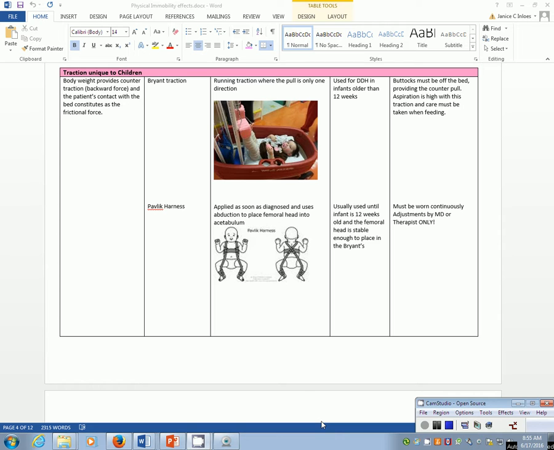The baby can still move. It just holds the hips in abduction. It's a soft brace, but what you need to make sure that you're watching for is reddened areas under the strap. So you want to assess that quite frequently.